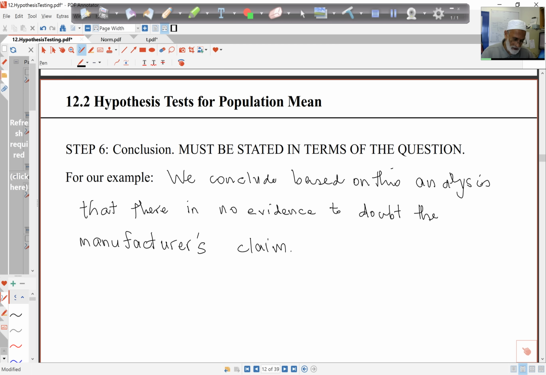In other words, there's nothing here that suggests the mean actually is less than 3.25 kilograms.